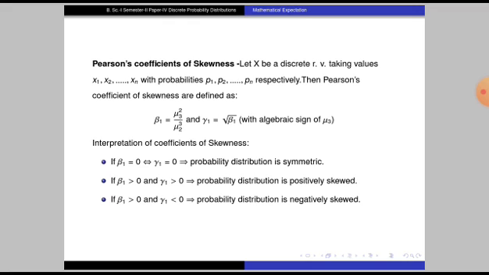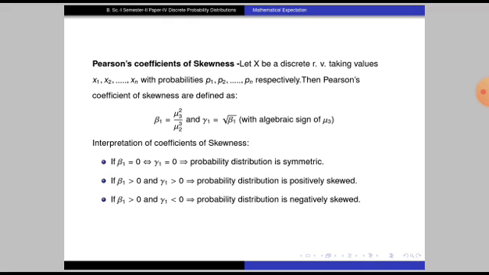So for every PMF we can draw a probability curve, and we can see whether that curve is symmetric or not, and if it is not symmetric, then up to what extent there is asymmetry, we can study using coefficients of skewness.